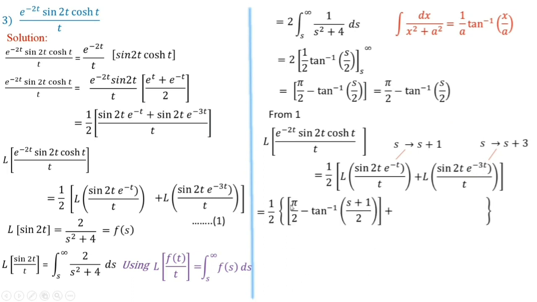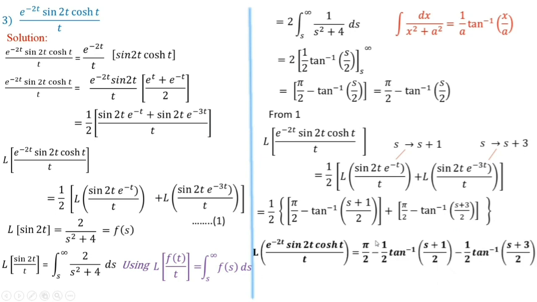This is equal to: here put s equal to s plus 1, we get pi by 2 minus tan inverse of s plus 1 upon 2, plus here put s equal to s plus 3, then we get pi by 2 minus tan inverse of s plus 3 upon 2. This is by using the first shifting theorem.